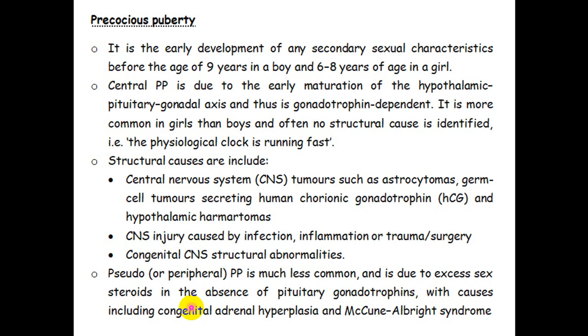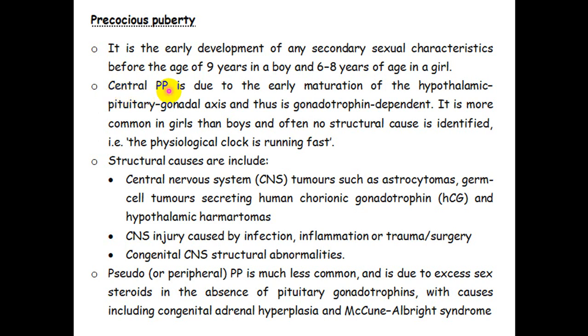Finally, precocious puberty. This is the reverse of delayed puberty, meaning puberty occurs earlier than usual. So it is the early development of secondary sexual characteristics before the age of 9 in boys or before the age of 8 in girls. It is either physiological or central.